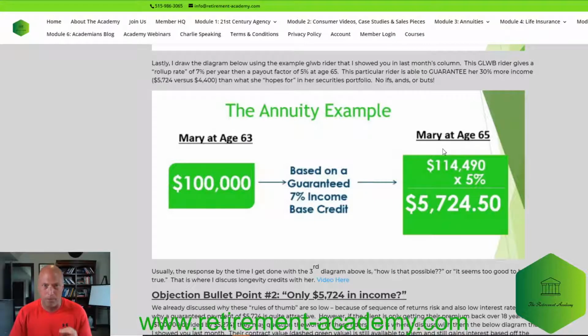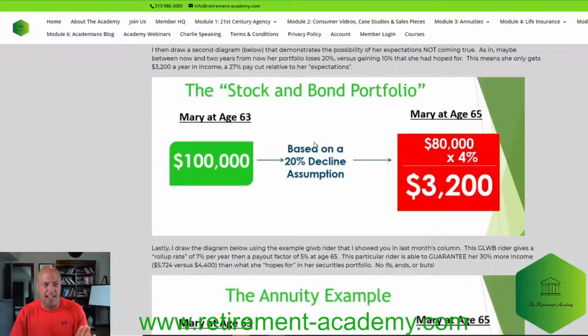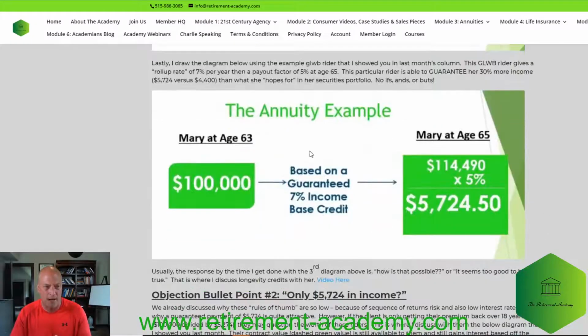And that's from a benefit-based standpoint. Then, of course, this article has how do you explain the benefit base. But we're not going to go there in this video. Your $100,000, what if I told you that that benefit base is guaranteed to grow to $114,490. That is 7% compounded per year, absolutely guaranteed. No ifs, ands, or buts that we have up here in your stock and bond portfolio.